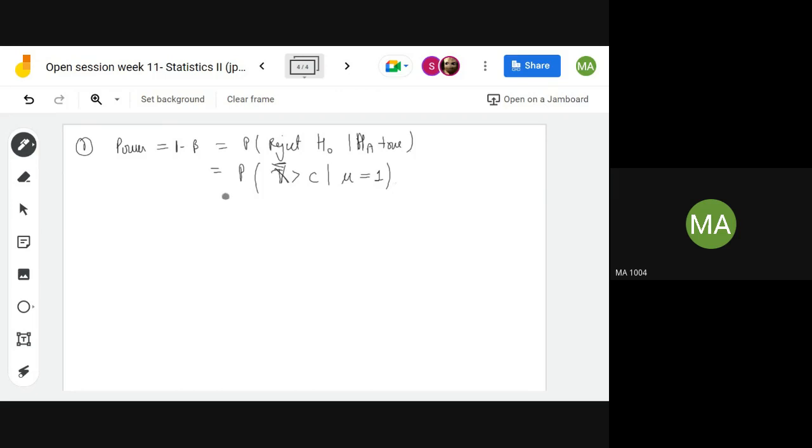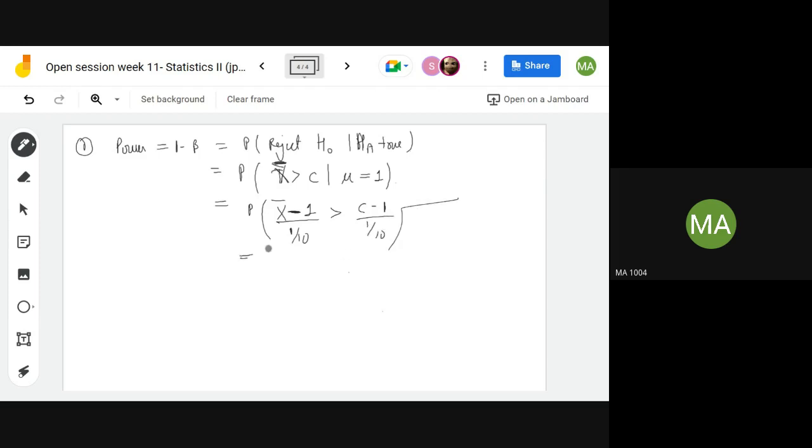Again, we'll do the same thing. How will you convert this to Z? X bar minus mu by sigma by root n, where mu is 1 here. So X bar minus 1 upon 1 by root 10 greater than C minus 1 upon 1 by root 10.